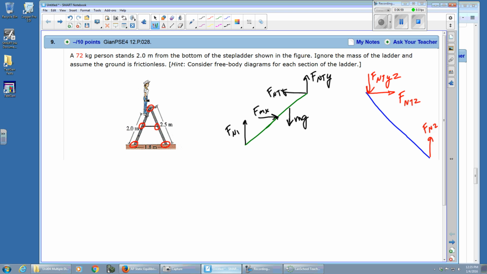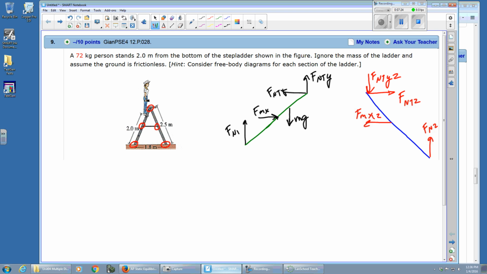Then, if this is being pulled this way by the mx2, to balance that, those two could create equal and opposite torques if we took the top to be the point for the torque, right?